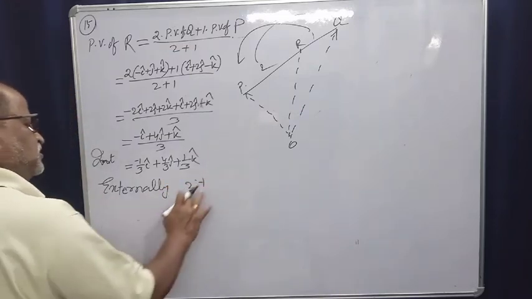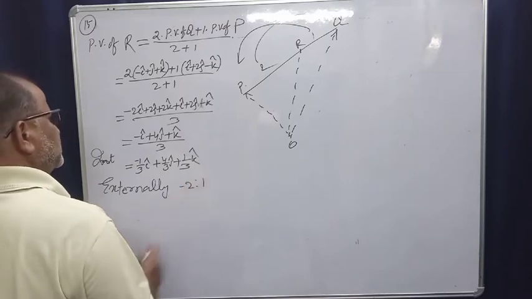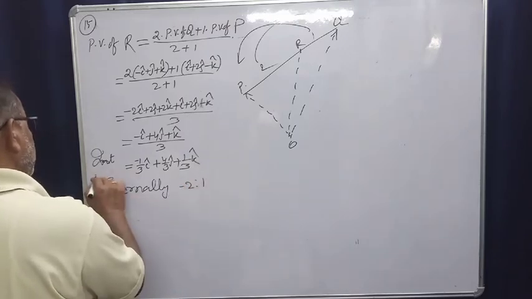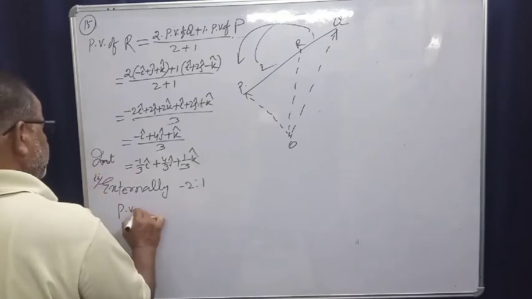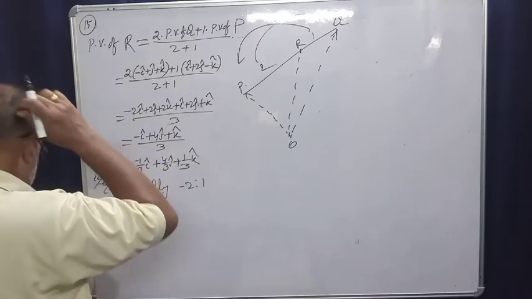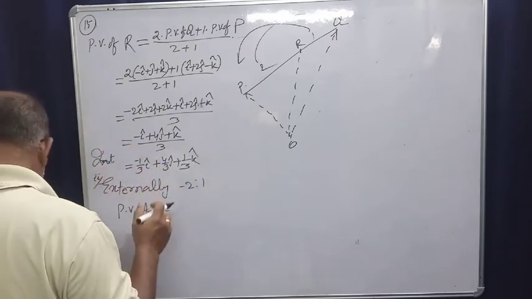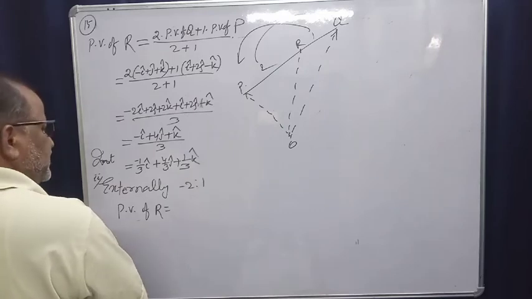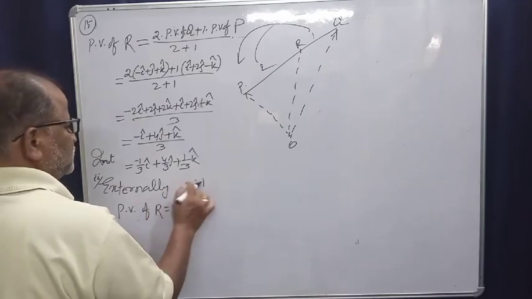Same thing. So PV of R for the external case, you may take this, or 2:minus 1.